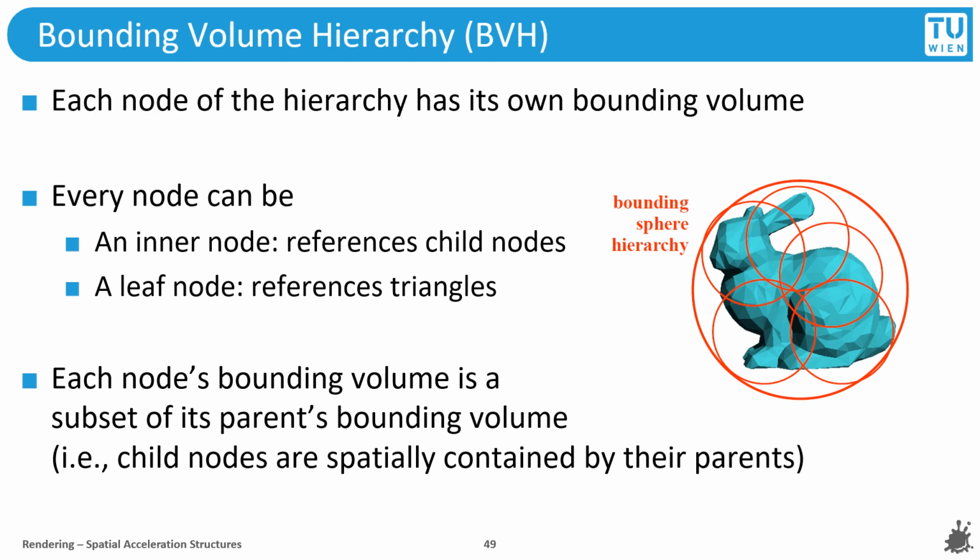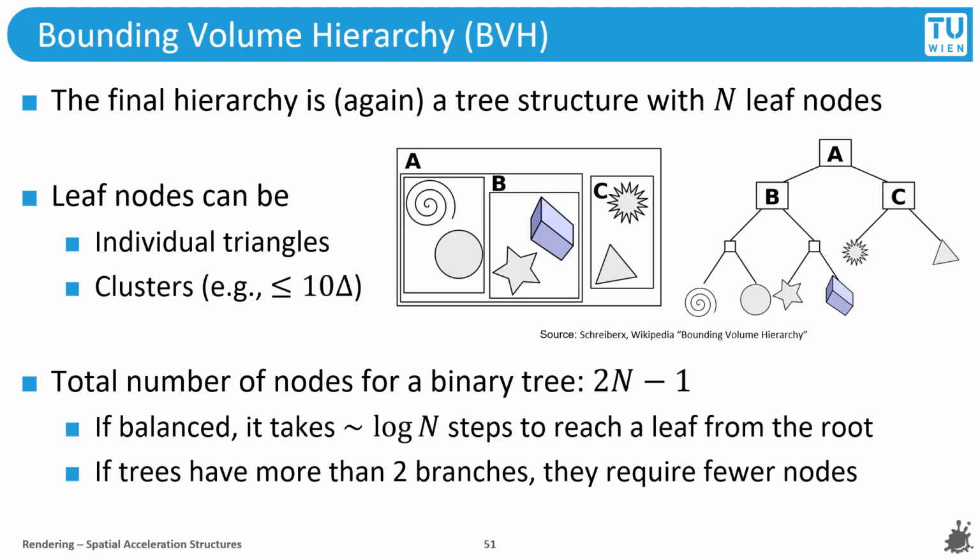And each node's bounding volume is a subset of its parent's bounding volume, meaning that child nodes are always spatially contained by their parents. So the final hierarchy is, as it was with the octree and the KD tree, essentially again a tree structure with a certain number of leaves.